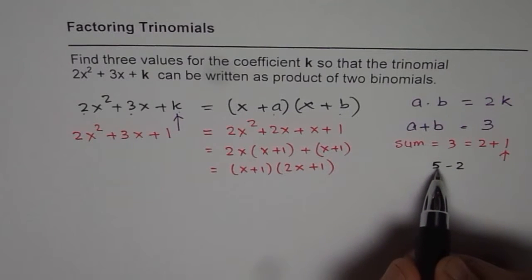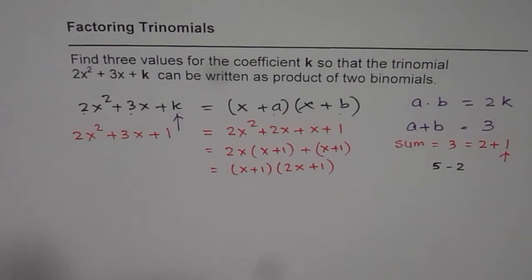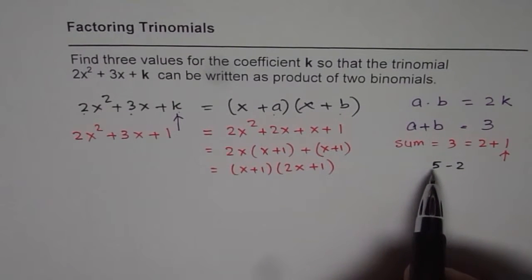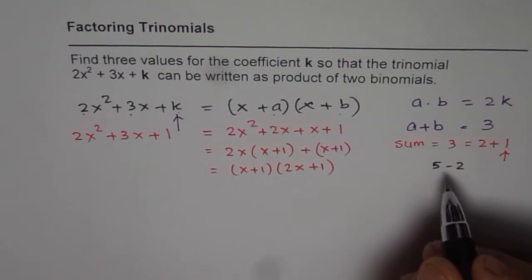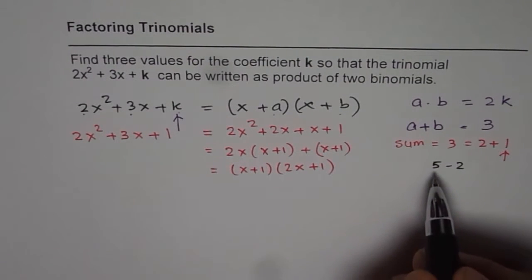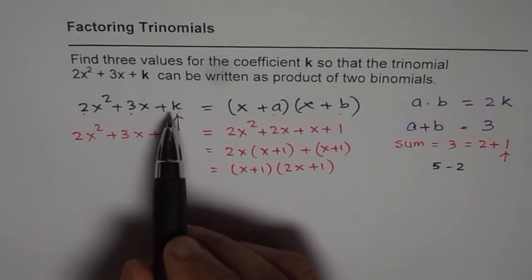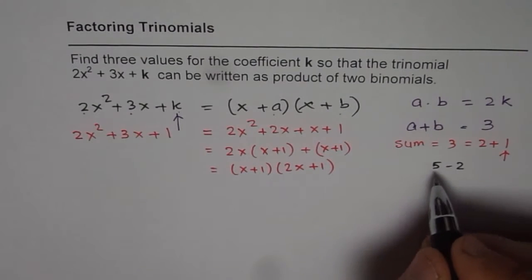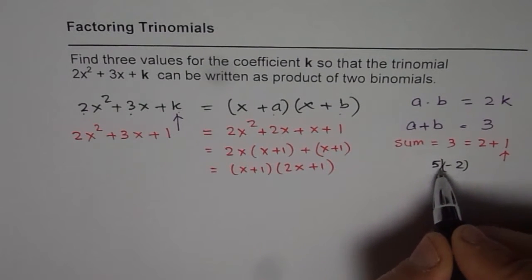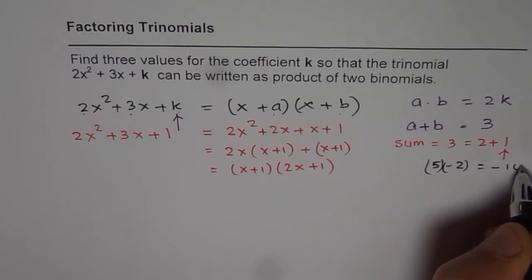So to get a product of minus 10, k should be negative 5. You get the idea. Since we have a positive number here, we could write k as negative 5. So if I multiply these two, I actually get minus 10.